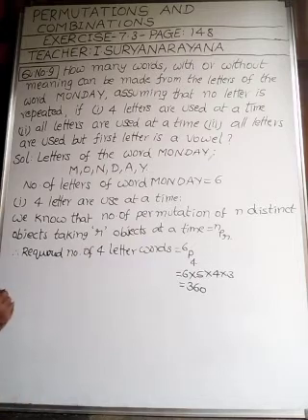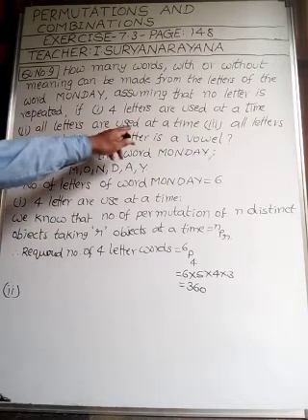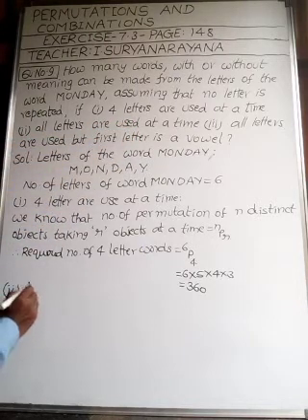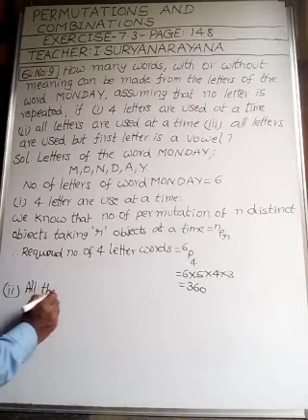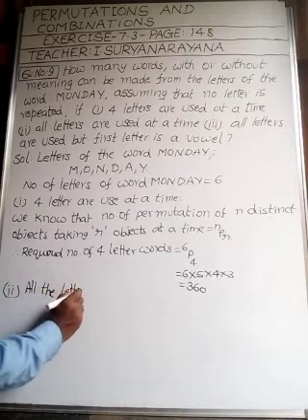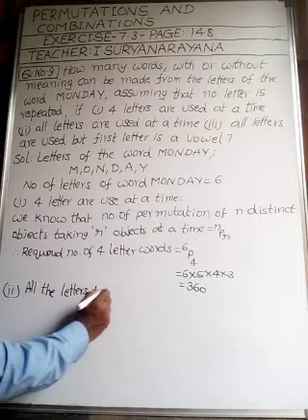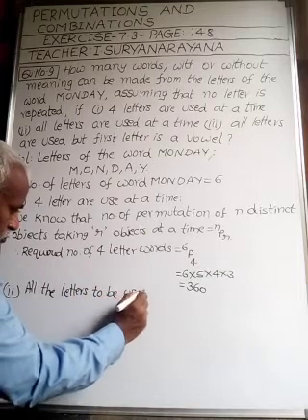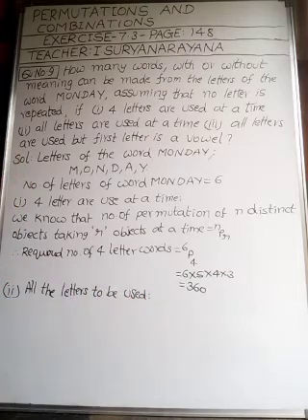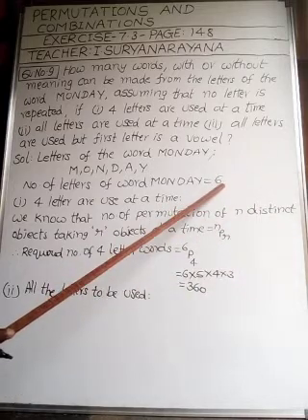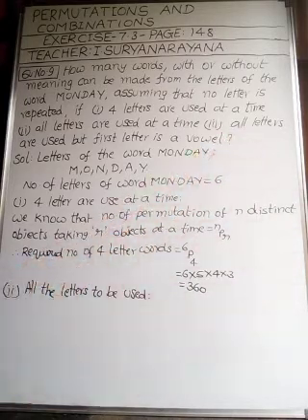Right. Now come to the second point. What is the second point? All the letters are to be used at a time. How many letters are there in our hand? 6 letters. How many letters to be used? 6 letters. Yes or no, my children?